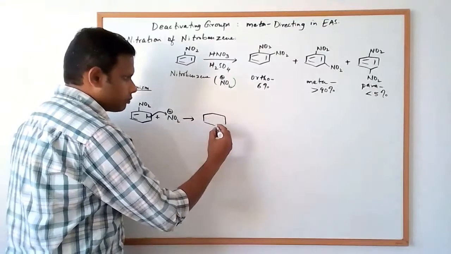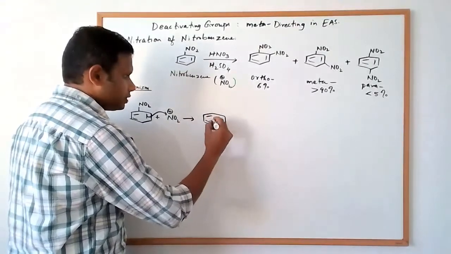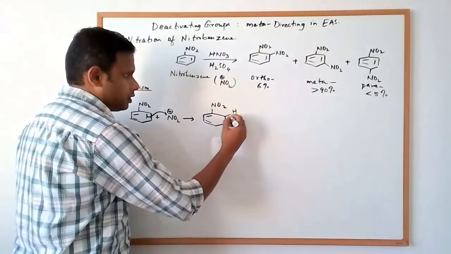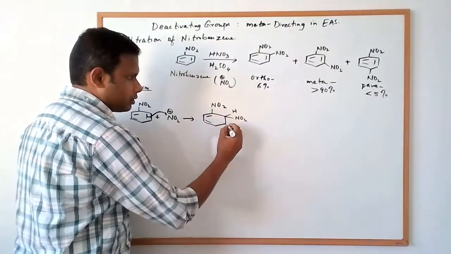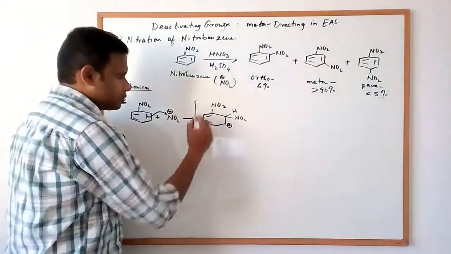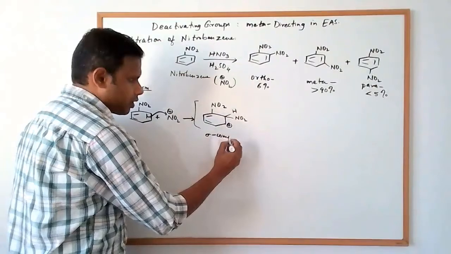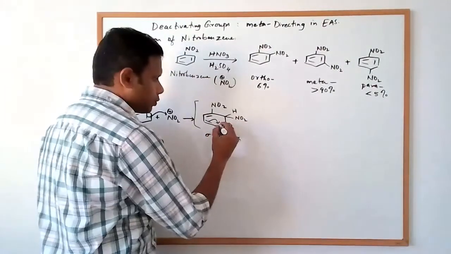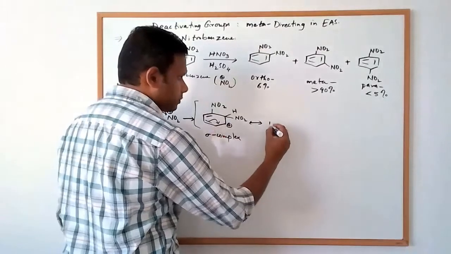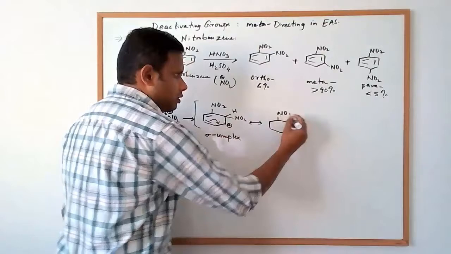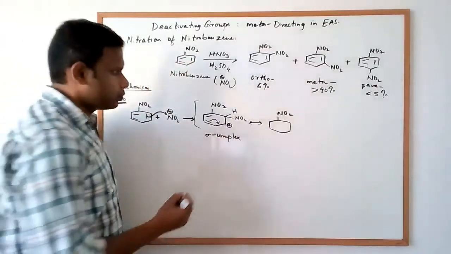So the sigma complex that's going to result from this initial attack is going to have the H and the nitro group here and the carbocation on the meta carbon. So we've made the sigma complex here. And now this sigma complex is resonance stabilized. So we can move around the pi bonds in the ring to do resonance here.